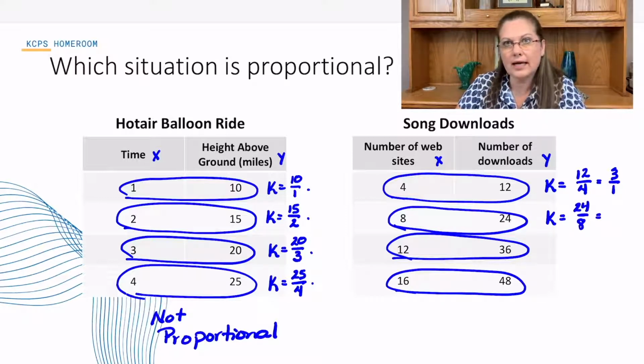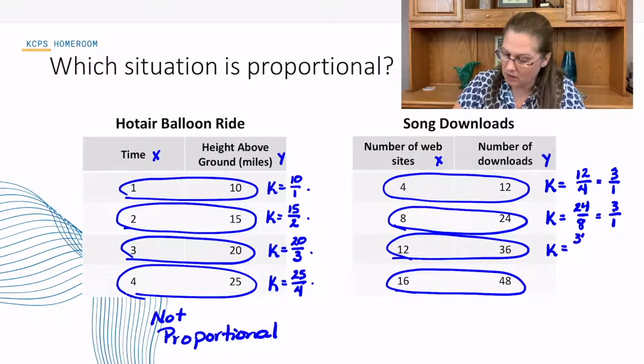Both 24 and 8 can be divided by 8. And again, that's 3 over 1. Then 36 twelfths. Both can be divided by 12, so again, that's 3 over 1.